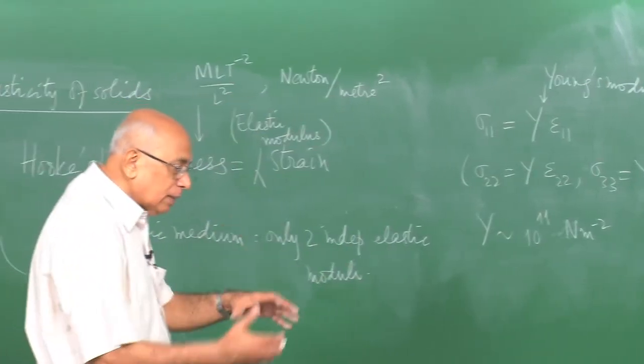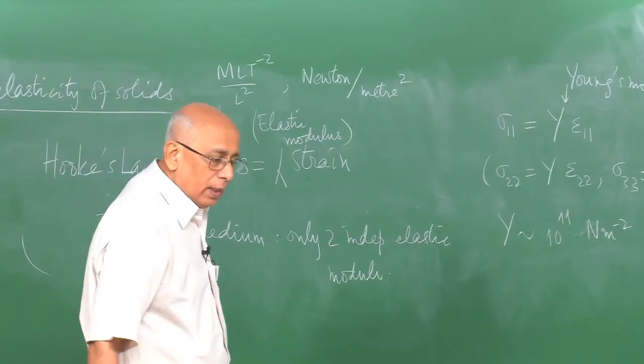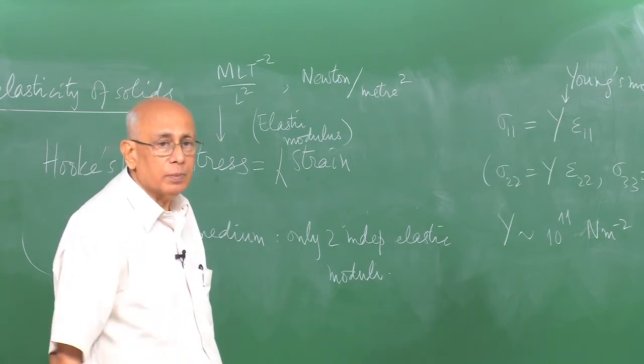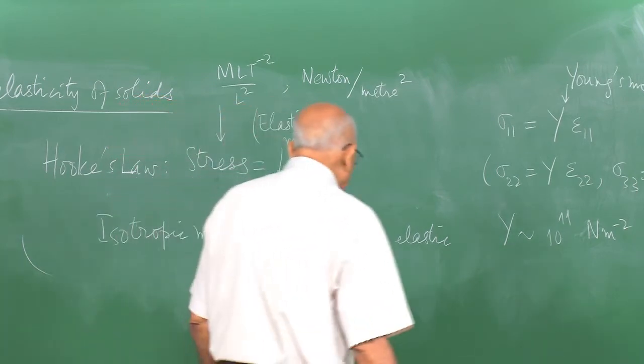Now one can compress the system in all directions, and then you apply what's called hydrostatic pressure, and the system will undergo a change in volume, and that is measured by the bulk modulus.